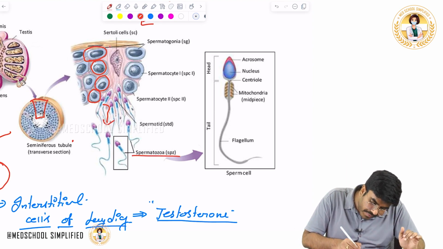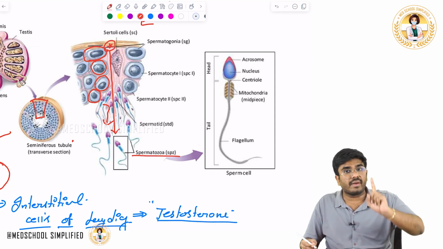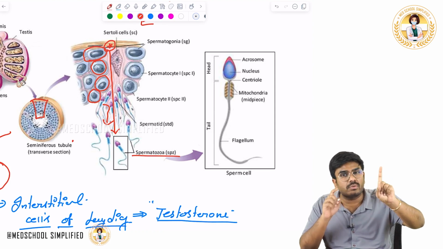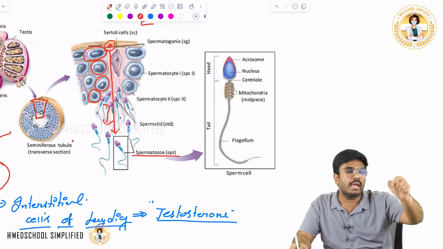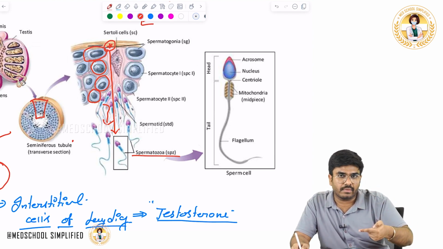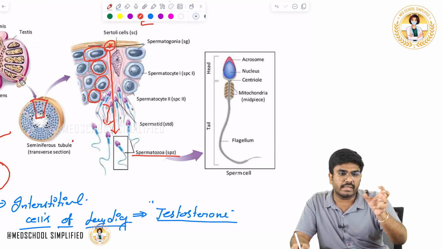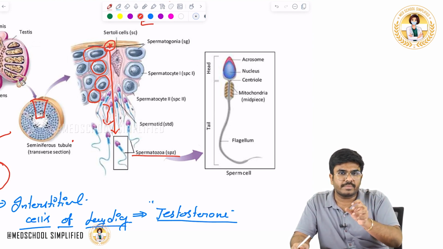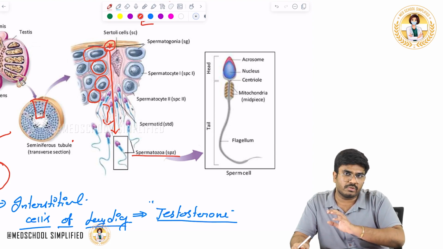Okay, so actually from the periphery to the center, in the periphery there are primitive cells, spermatogonia, and when you go into the center, there is more maturation. Spermatogonia get converted into primary spermatocyte, secondary spermatocyte, spermatids. Spermatids will later be converted into spermatozoa, the mature sperms.